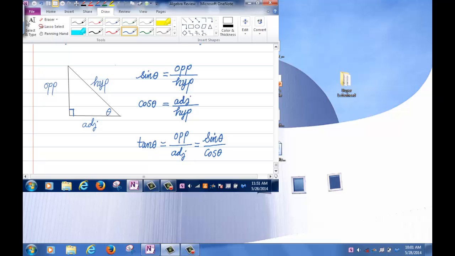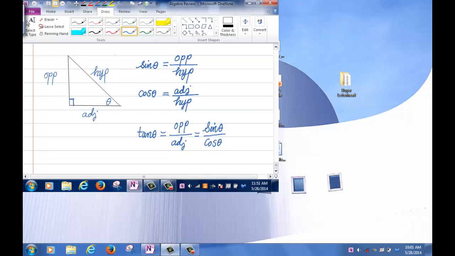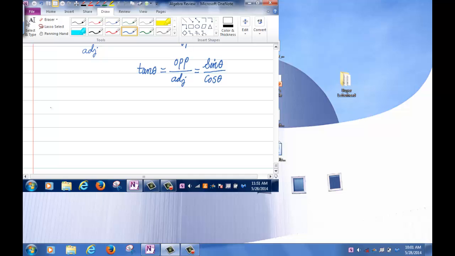Okay. Now there are three others, right? What are they? Right. So we have now cosec, so CSC, it means cosecant. Cosecant theta is basically 1 over sine theta. In other words, in terms of the sides, it will be the reciprocal of the ratio for sine, right?